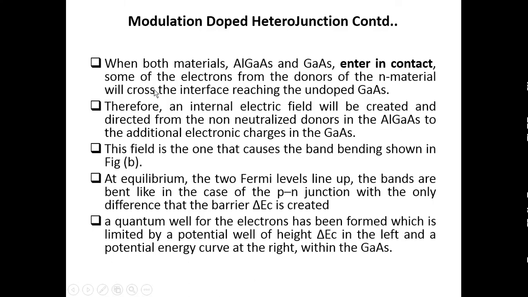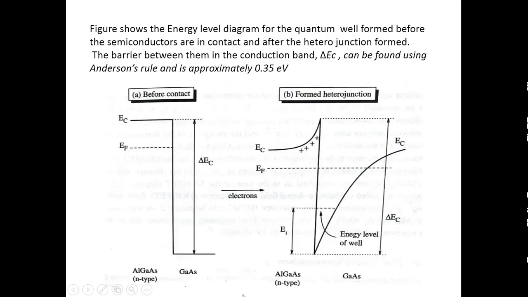The crossing of the electrons at the interface from the donors of the N-type material to the undoped gallium arsenide causes an electric field between them, and this field is the one that actually causes the band bending shown in figure B. Here is the band for the aluminum gallium arsenide, and this is the energy band for the gallium arsenide. Previously it was flat.